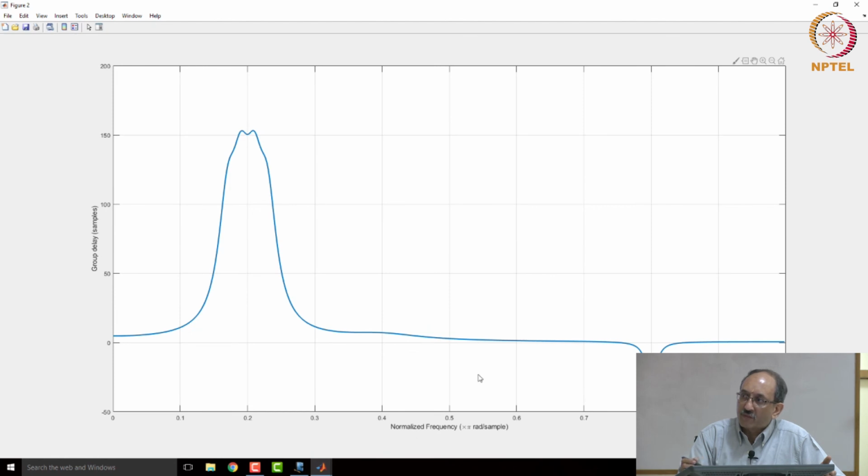It so happens that the first pulse frequency location is such that it is around that area of frequency. Its frequency content is exactly where you have the sharpest change in phase, and therefore the largest group delay, and this group delay is manifesting itself as that component appearing 150 samples later at the output.